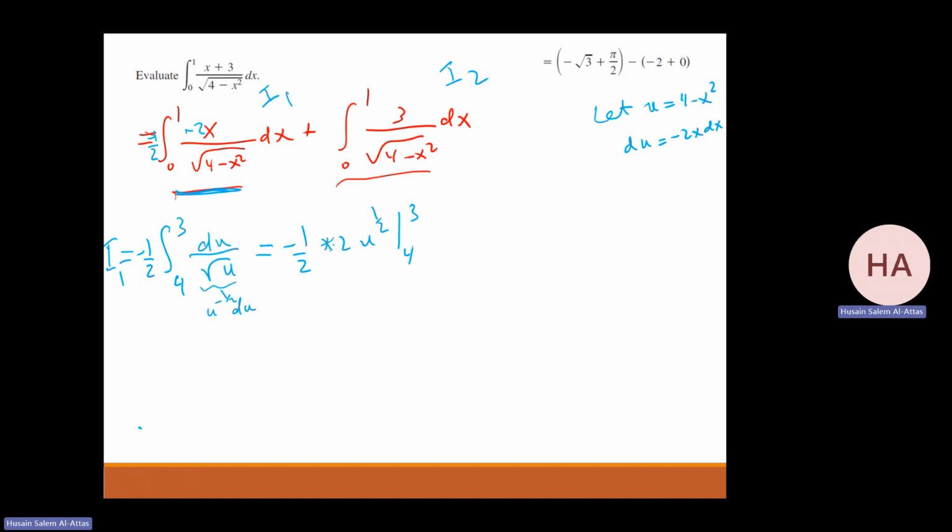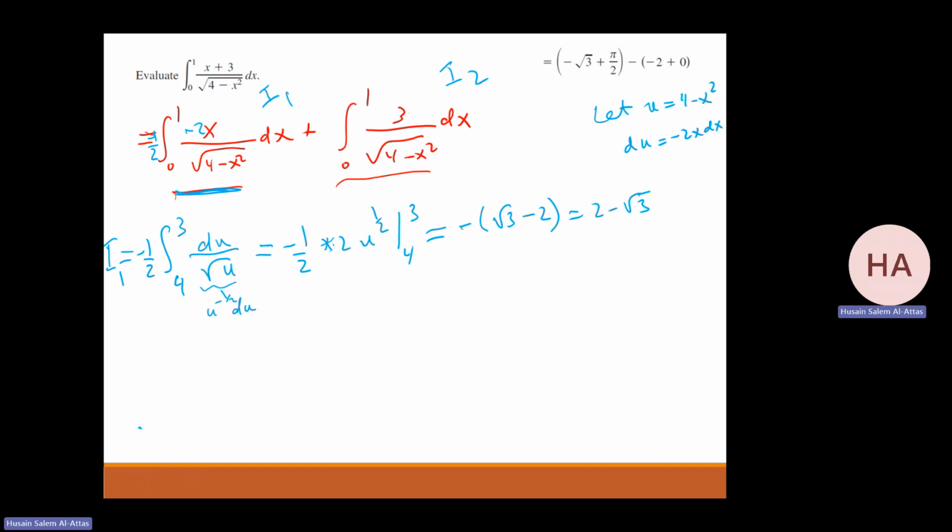And that gives me what? That gives me minus square root of 3 minus 2. Okay, so it is 2 minus square root of 3.